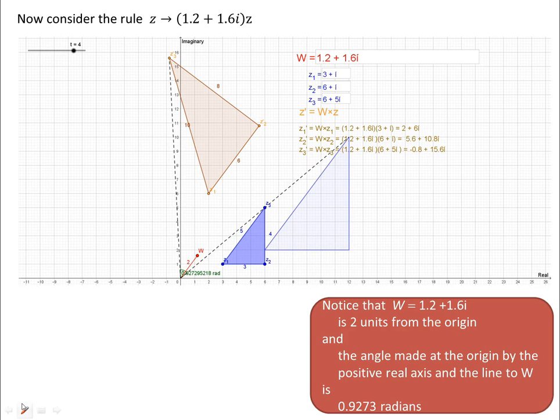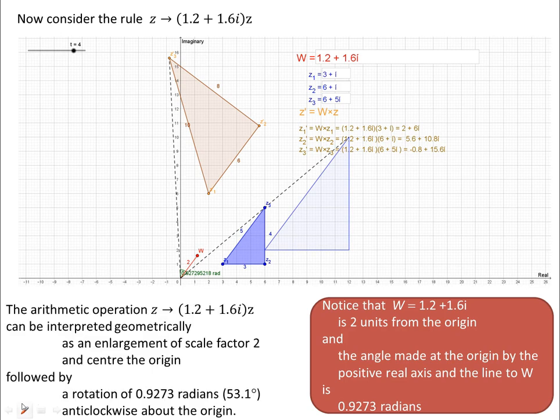So, what has happened is that the operation z goes to 1.2 plus 1.6i times z can be interpreted geometrically as an enlargement of scale factor 2 and centre the origin, followed by a rotation of 0.9273 radians, or 53.1 degrees if you like, anticlockwise about the origin.